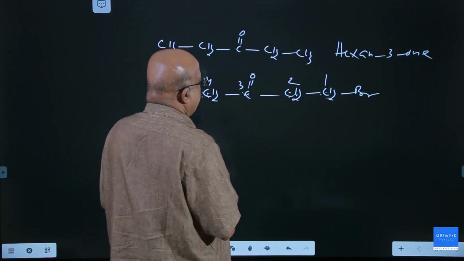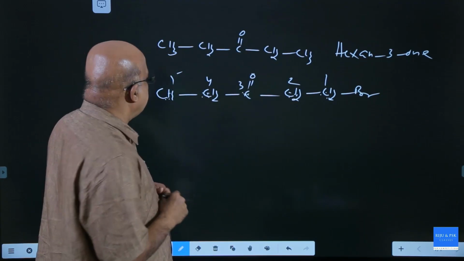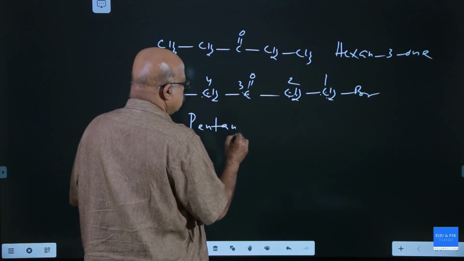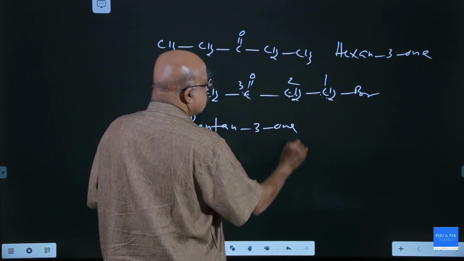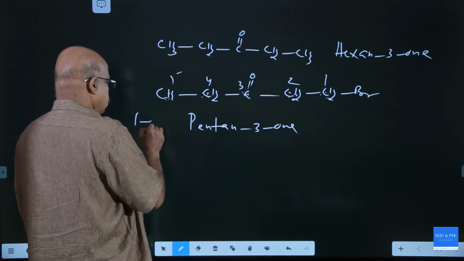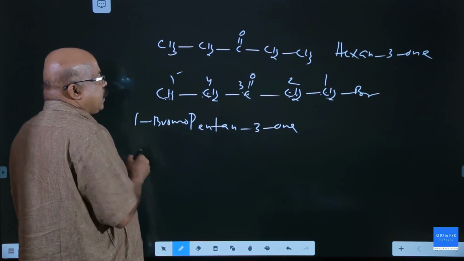Okay, that is pentane trione, not hexane, pentane trione. The first carbon is having bromine. It is 1-bromo pentane trione.